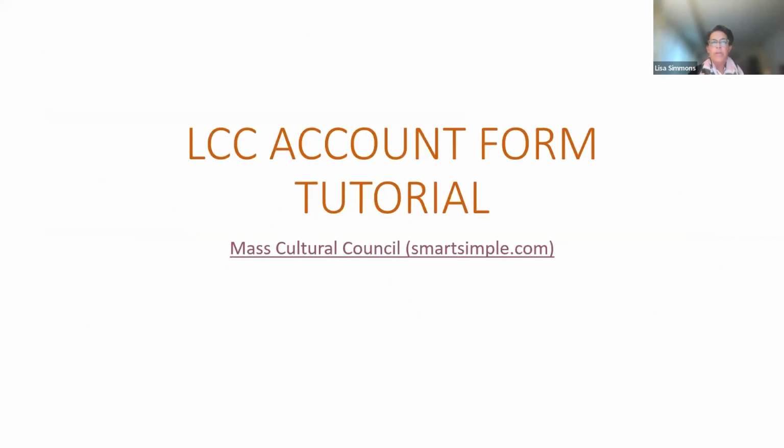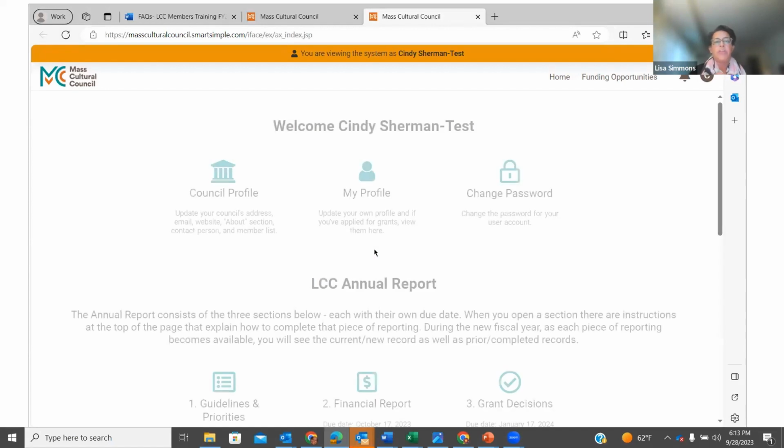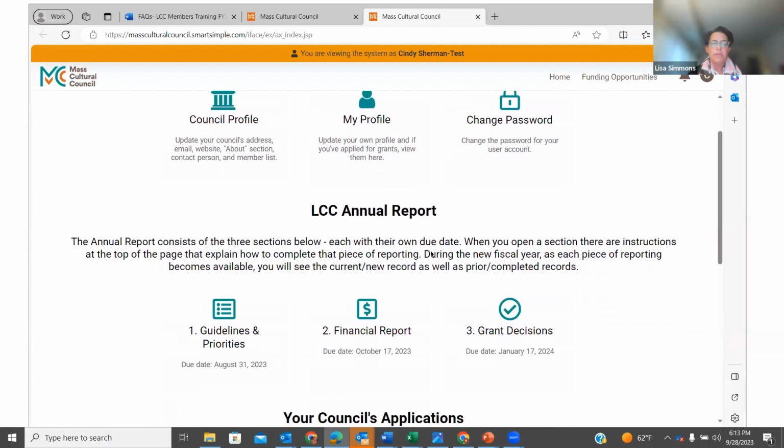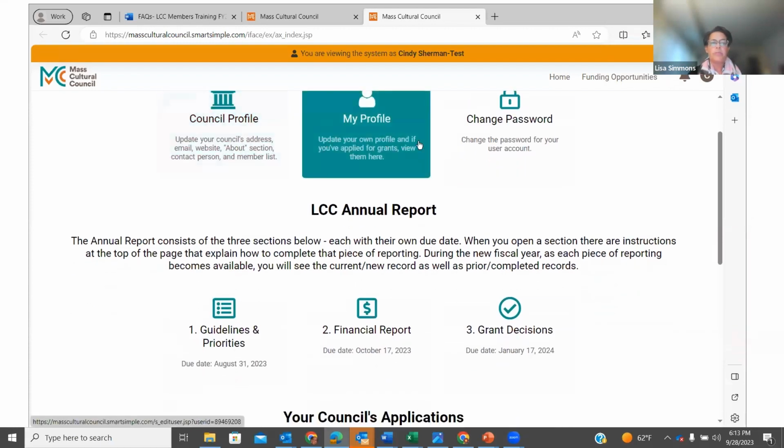So why don't we take a look at the system and see how it's going to work. When you log on to the system and you go into smartsimple.com, this is what you're going to come to. You're going to come to your portal. Your portal is going to give you your council profile.